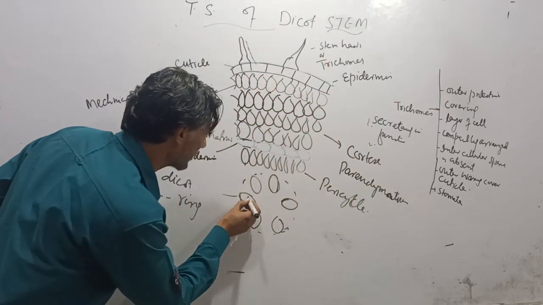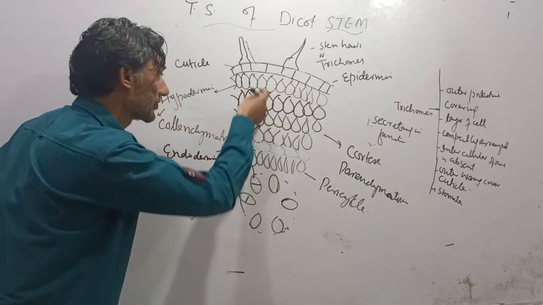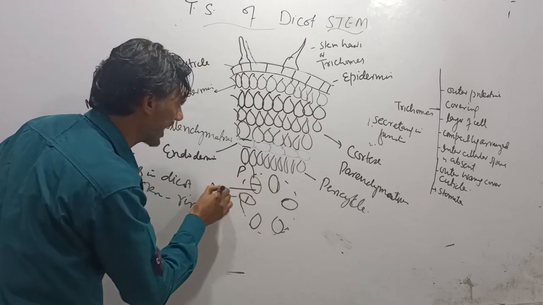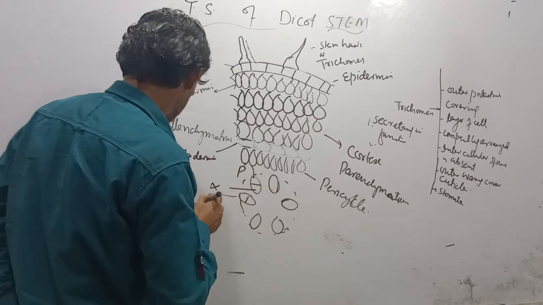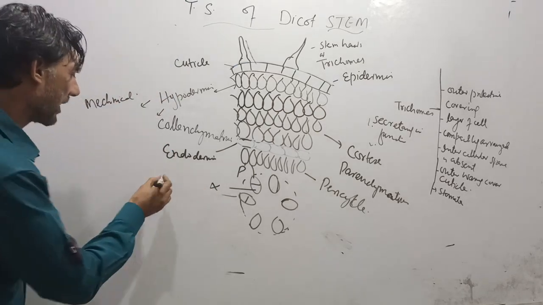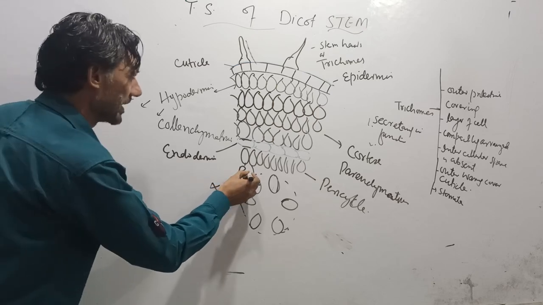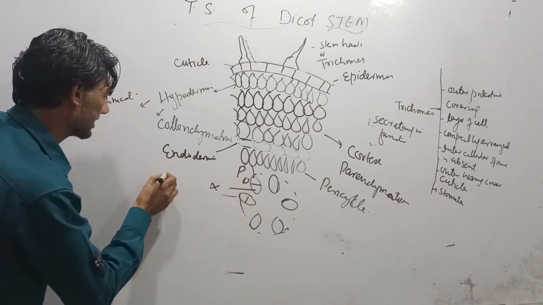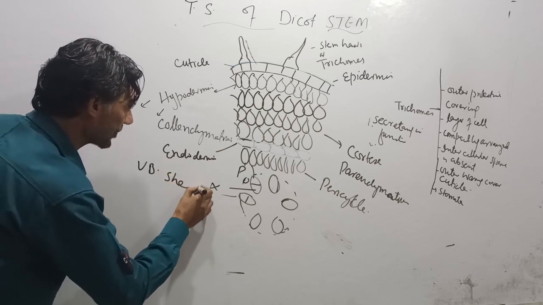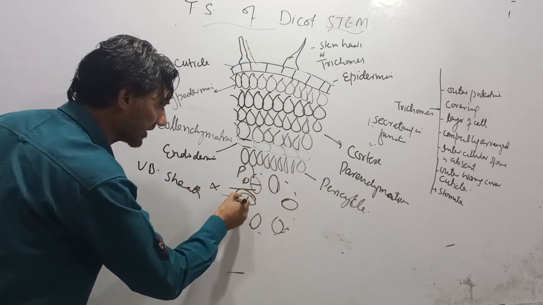Towards the epidermis it is phloem, and the inner side is xylem. The vascular bundle has a sheath outside as a protective covering.